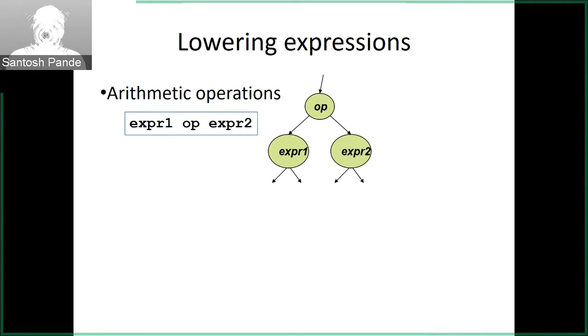When we are finished generating this code for expression 1, we'll go up. The result of that code will be held in a temporary name, which will be sent up. And in a similar way, we'll do expression 2. Another temporary will be sent up from there. And then we'll finish off the processing at the op level by combining these two temporaries, generating code, stitching them together. And the result of that will be again a temporary, which will go up.